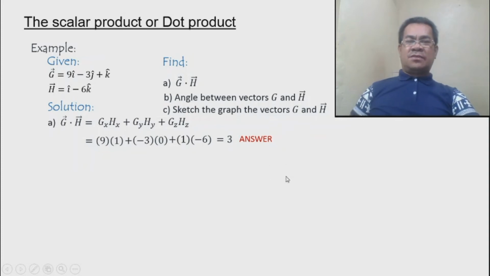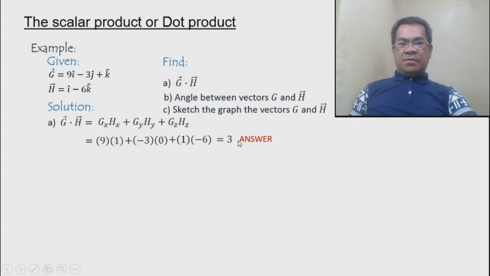This is the answer to the problem. By the way, you have to use units because in physics, there must be a unit. In this case, there is no specified unit, so use the unit as additional information. Sometimes the vector is a force. Remember, there are many quantities that are vector quantities, so there must be a unit.